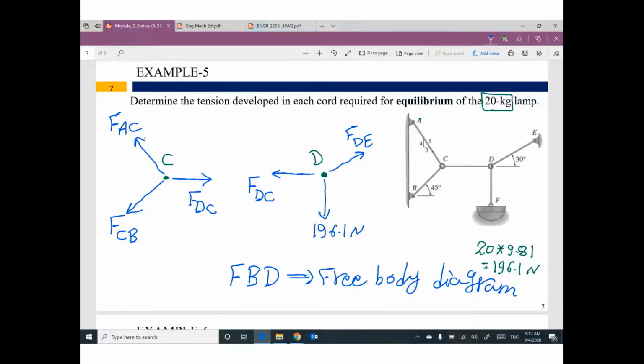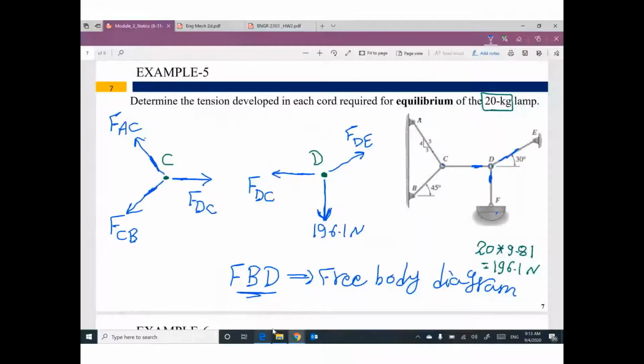What are the forces you have? This is called a free body diagram. So for joint D, we have 3 cords. The first one vertically down, which is the weight of the lamp. The second one, this cord. The third one, this cord. For point C, we have 3 cords, the horizontal one, and this one, and this one. Any questions so far?